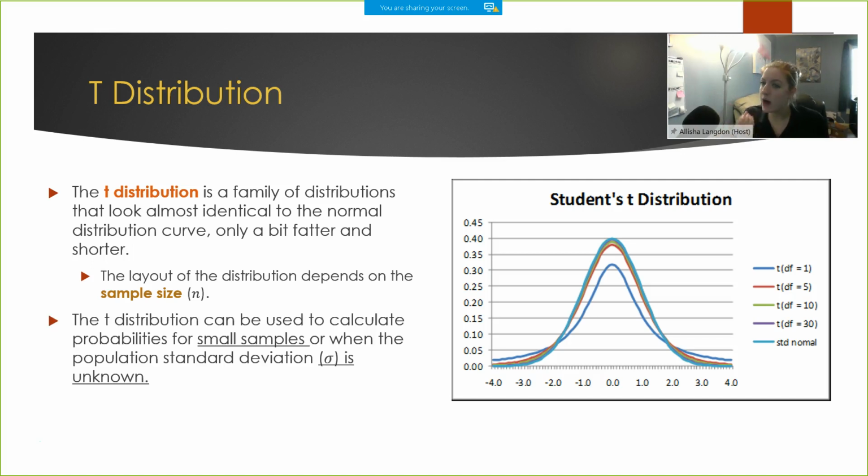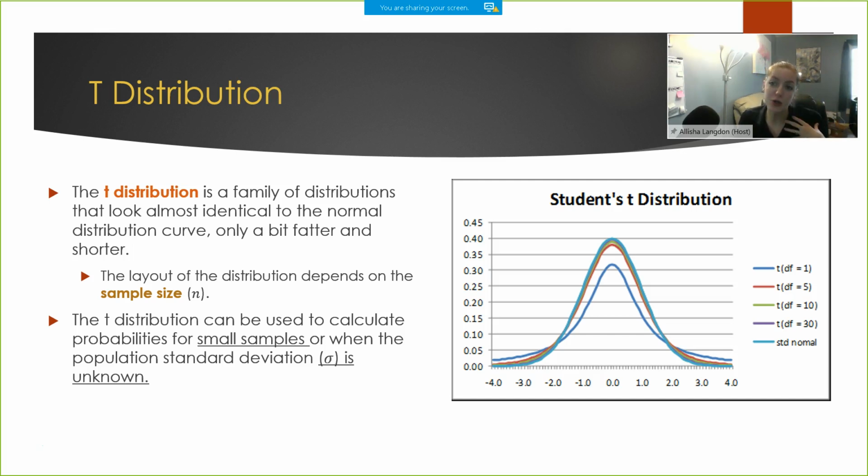Now, the reason why we need to use the t distribution is when we are placed in certain situations. So what are those certain situations? The first one is that you have a small sample, and this is usually less than 30, okay? 30 is like a magical number in stats, but we don't really need to worry about that one.